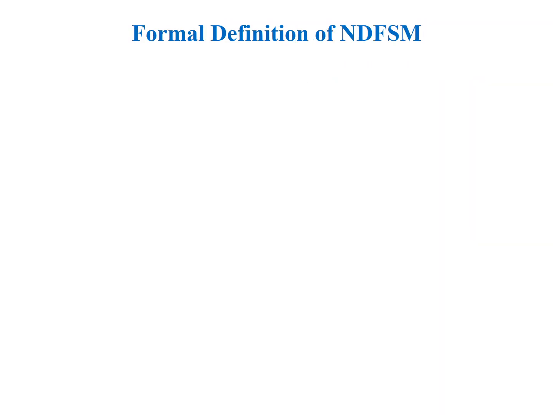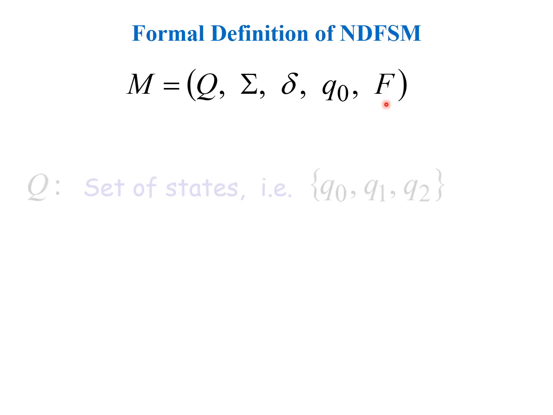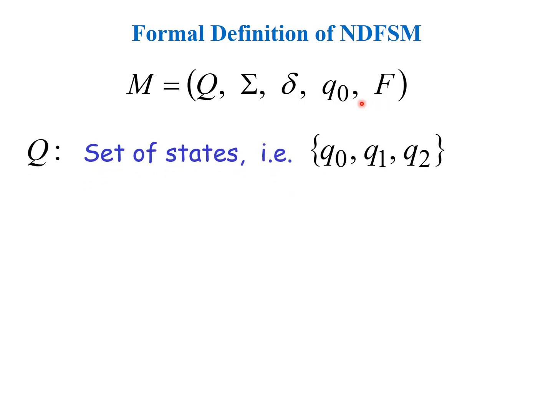Now, you will understand the definition of NDFSM. Again, NDFSM is also represented by M and defined by five notations, like a DFA. All this notation is similar to DFA: Q, sigma, Q naught, and F are similar to DFA except the transition function.